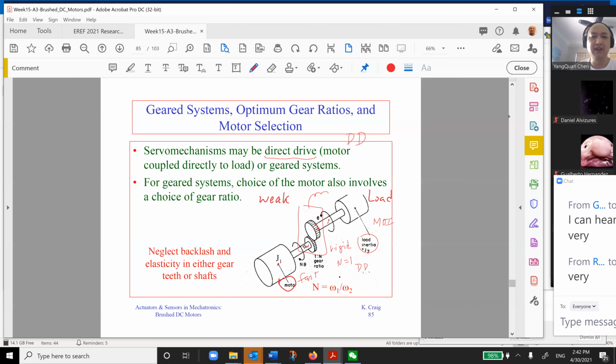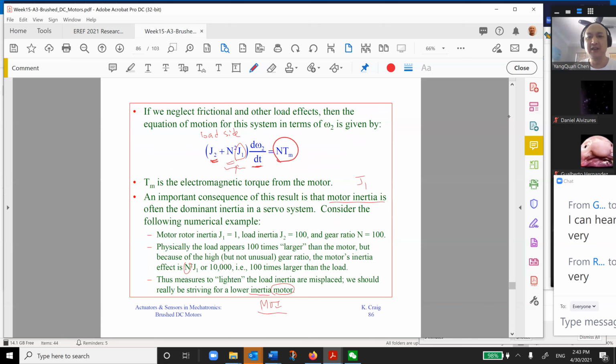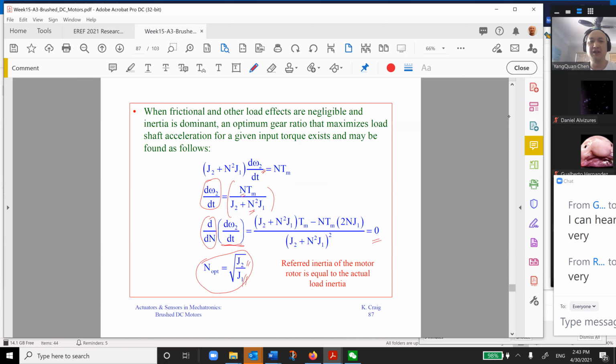So you can lump everything into the load side. Then J1 is multiplied by N squared. You have a much larger moment of inertia reflected to the load side. This is known for quite a while. So why do we need to study this gear ratio N in here?